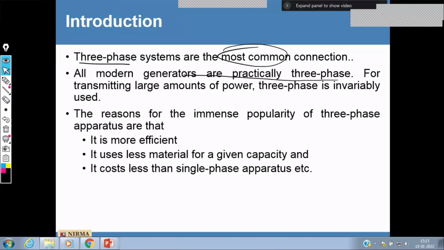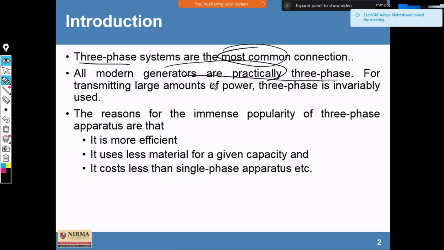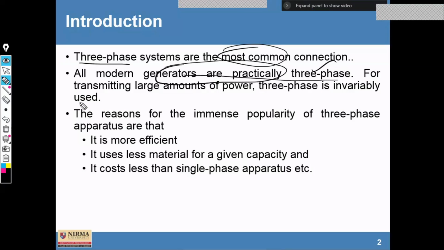Okay. So all modern generators use this three-phase system, and the power generated is transmitted through transmission lines that are also connected in three phases. So there is three-phase power generation, transmission and delivery at the consumer end.